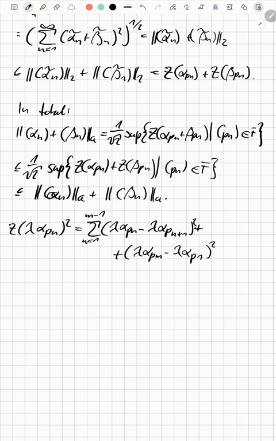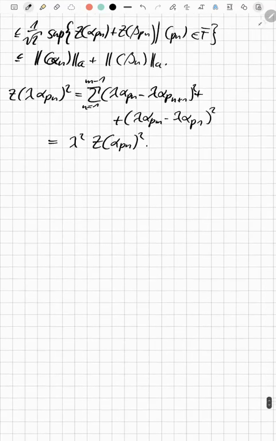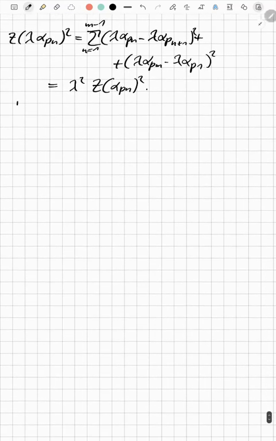Okay, and you can pull out this lambda squared. We get lambda squared z of alpha Pn squared. So it's absolutely homogeneous.